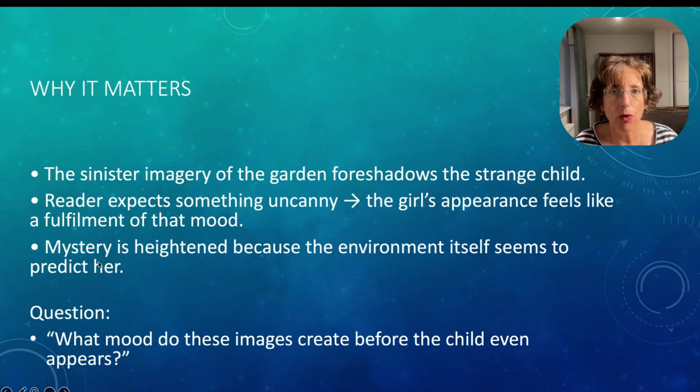So the way the setting is described, I think, is a structural device to heighten this sense of the uncanny, of something slightly odd. The writer's thinking, how can I make this feel slightly mysterious? The mystery is heightened because the environment itself seems to predict her. It almost prepares us for this mysterious appearance.